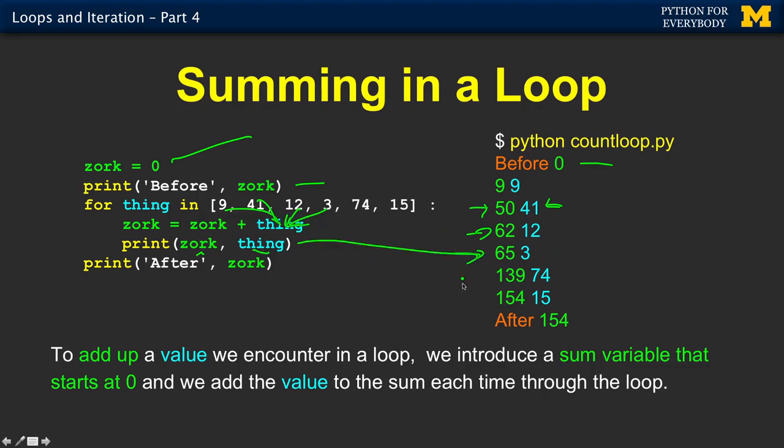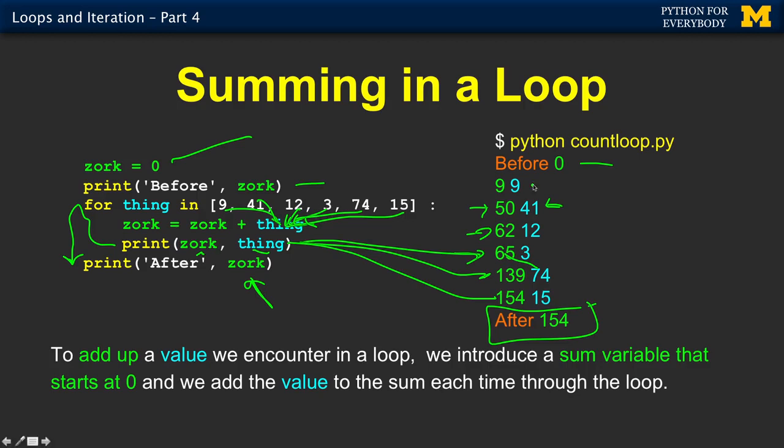Then we get 74, so 65 plus 74 is 139. We do the last one, 15. 139 plus 15 is 154. We print that out, and now it goes back up, but the for loop is done, so out we come. At the end, this running total becomes the total, 154.